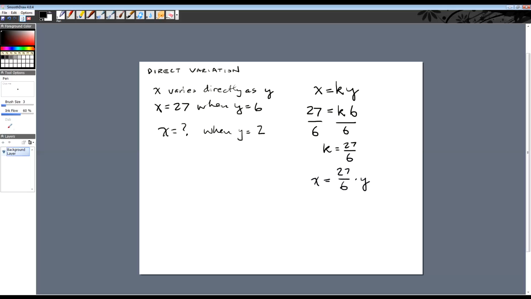So now we plug this value of y into this equation. X equals 27/6 times 2. So x equals 27 times 2 divided by 6, or 9.